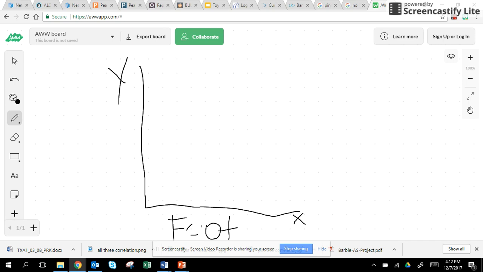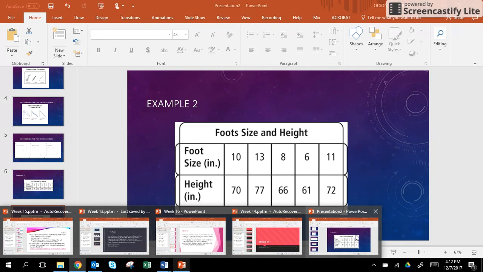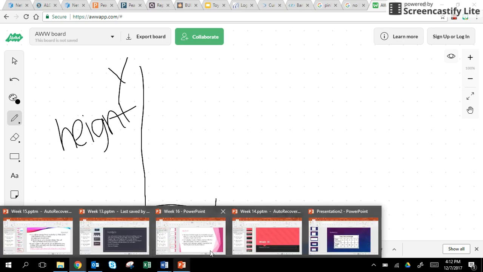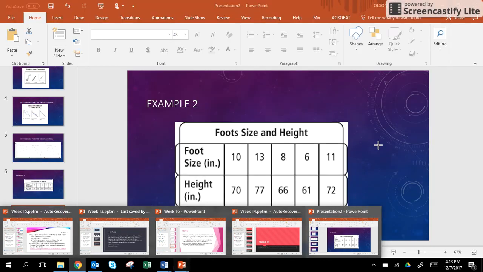We're going to say your height is here. All right, so let's find our lowest and highest foot size. Highest foot size is 13, so we're going to say this right here is 13. We'll say this might be like 6, okay? If we come back over to this height, our highest height looks like 77.